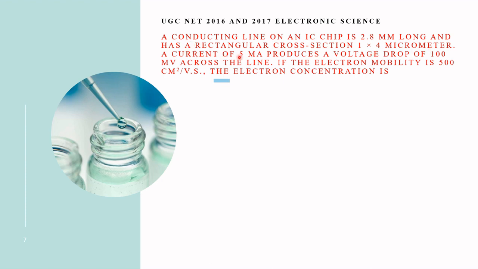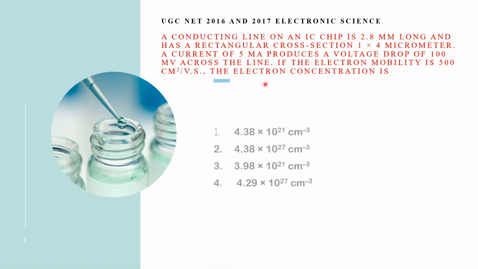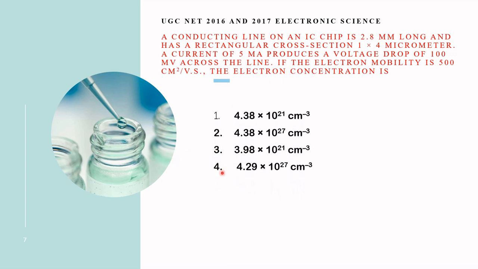A current of 5 milliampere produces a voltage drop of 100 millivolt across the line. If the electron mobility is 500 centimeter square per volt second, then what is the electron concentration? And the options are these four.